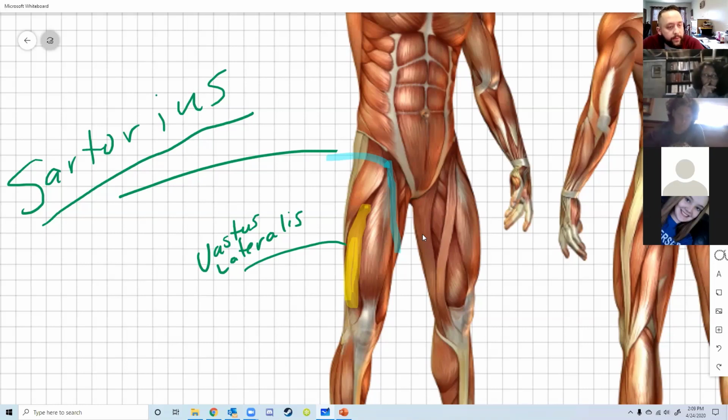And then the other one down here, and it's on the lateral side, so it makes sense. Okay, is this vastus medialis? No, I'm sorry. I can't see the medialis.